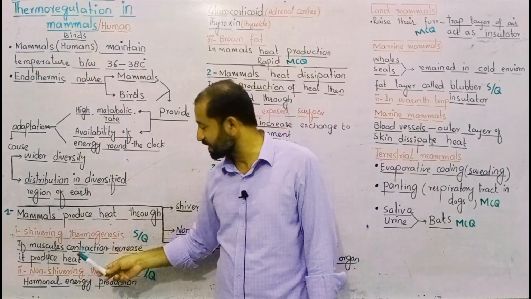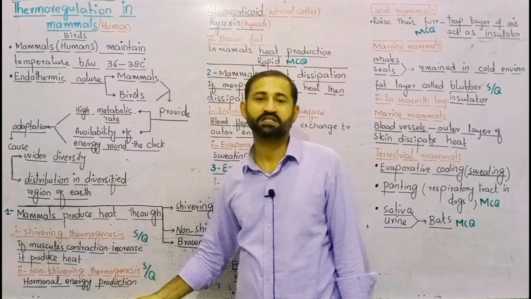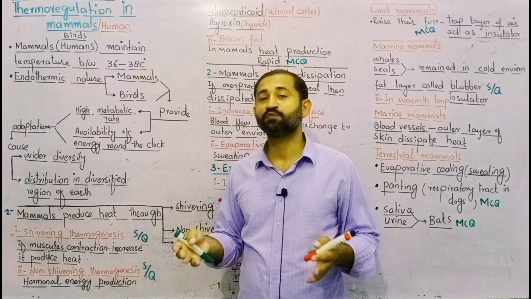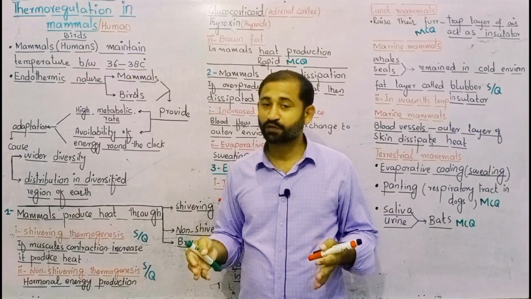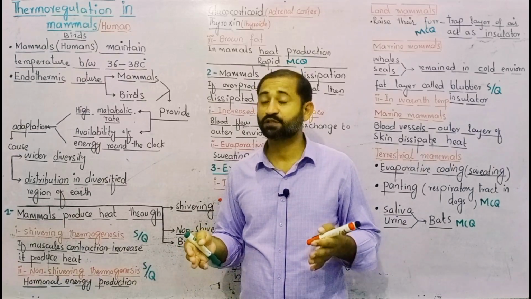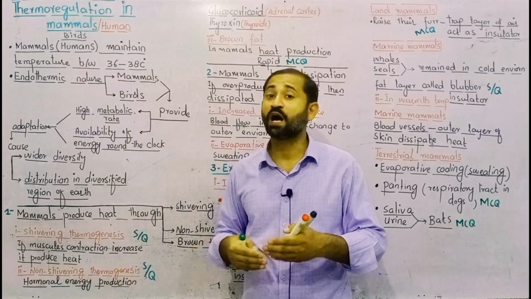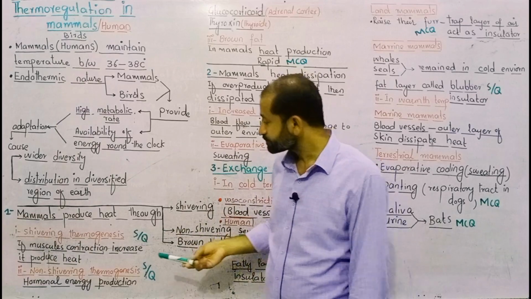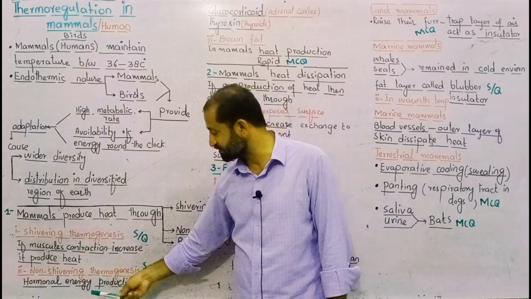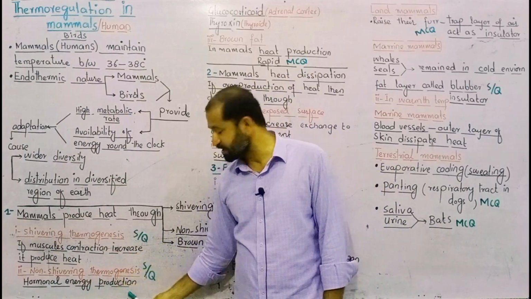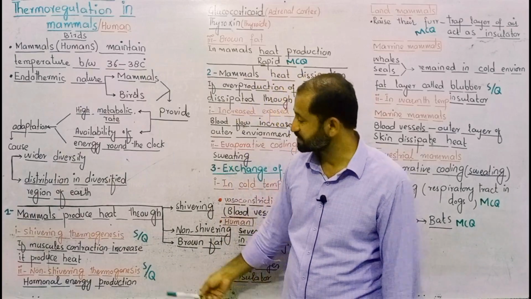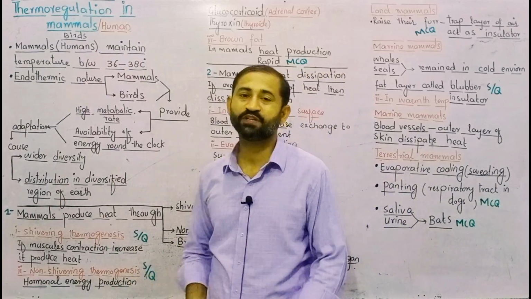Whereas the second one is non-shivering thermogenesis. Non-shivering thermogenesis means the type of thermogenesis, or heat production, that involves hormonal heat production. So hormonal energy or heat production is called non-shivering thermogenesis.